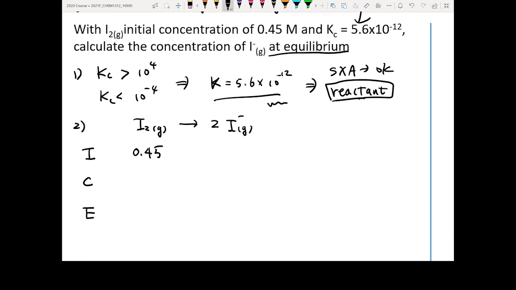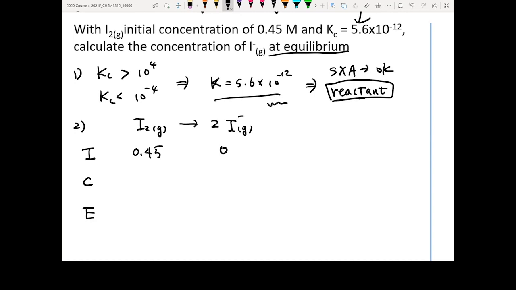What is the initial concentration for I minus? It's not given, right? That means the reaction hasn't started. They give you the initial one, which means at the very initial stage, there's actually no product. If it did not mention anything about the concentration of your product, just put 0 over there.